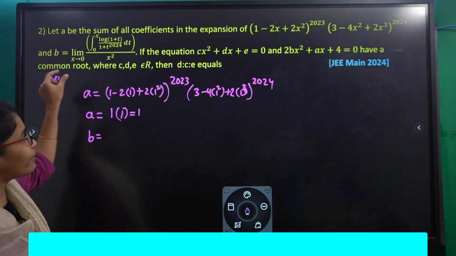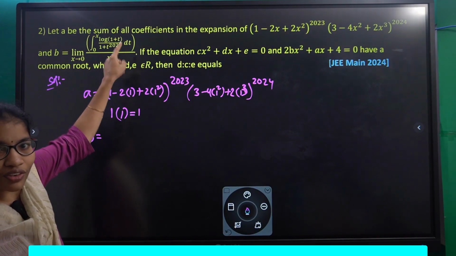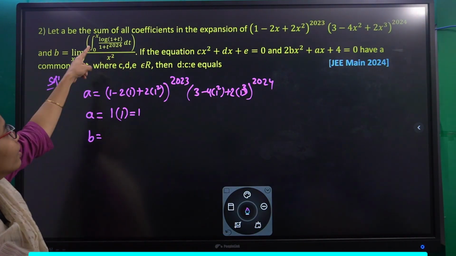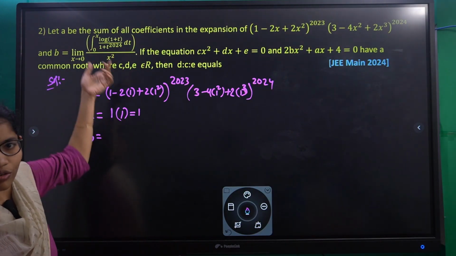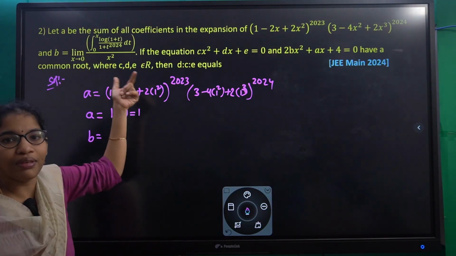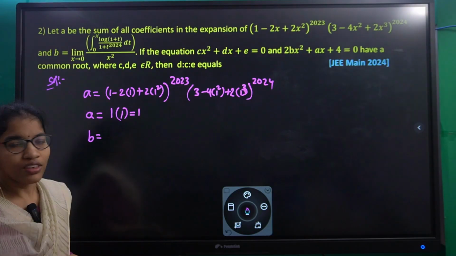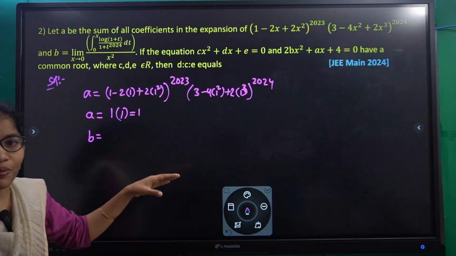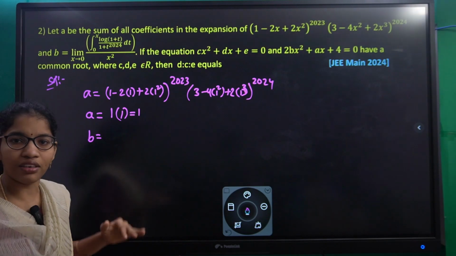When you substitute the upper limit, you will get 0 by 0 form. Observe here, log(1 plus 0) by 1 plus 0, log 1 is 0, so 0 by 0, right? So our given B limit is 0 by 0. What do you have to apply? L'Hospital rule, which is nothing but differentiating the numerator and denominator individually.